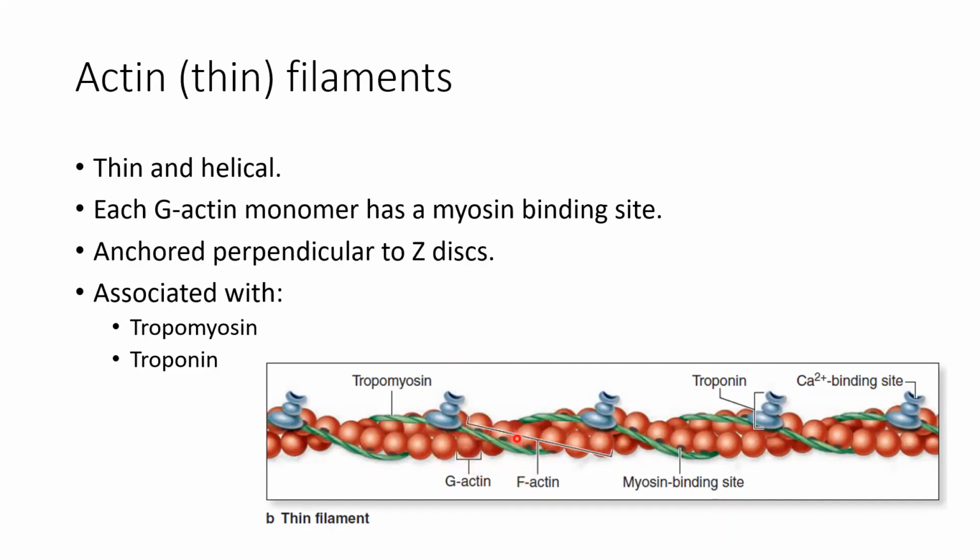And they are formed as a chain, and this chain is called F-actin. F is for filament actin. Then these actin filaments are related with two more types of molecules, which are called tropomyosin and troponin. This green structure is called tropomyosin, and this blue structure is called troponin.